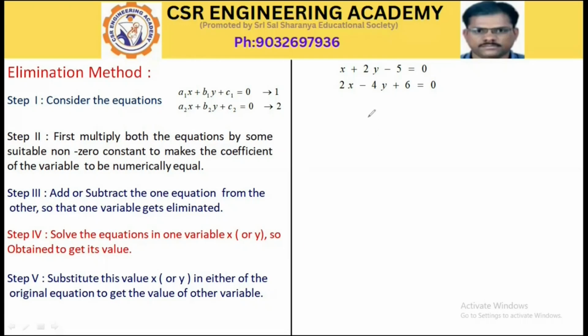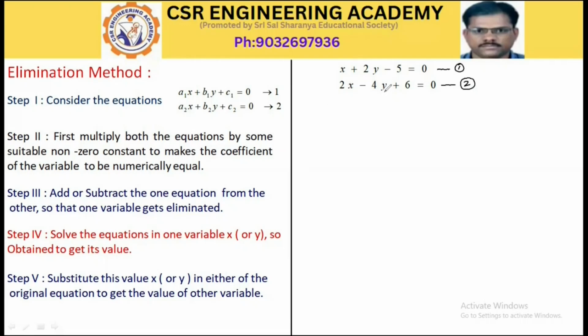Let us consider two equations. x plus 2y minus 5 is equal to 0, equation 1. 2x minus 4y plus 6 is equal to 0, equation 2. Now observe the y coefficient is 2 in equation 1 and 4 in equation 2.